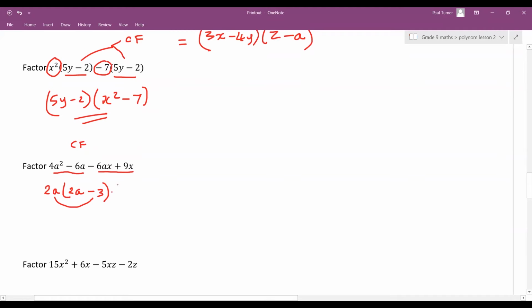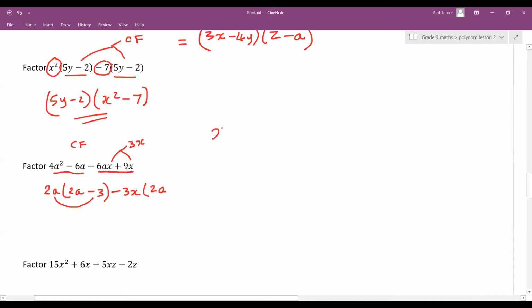Put your sign in, minus. Your common factor here will be the x and also 3, because 3 divides into 6 and 9. So 3x here. Then you should be thinking it's probably going to be this term here. So let's check that. 2a minus 3 times 2 minus 6, x times a, ax.